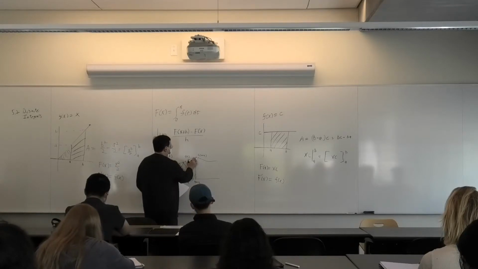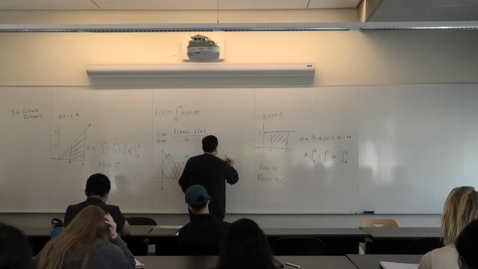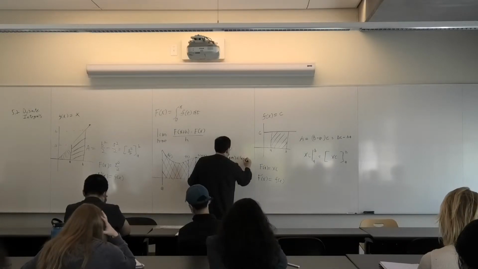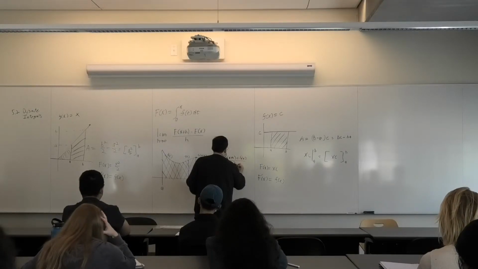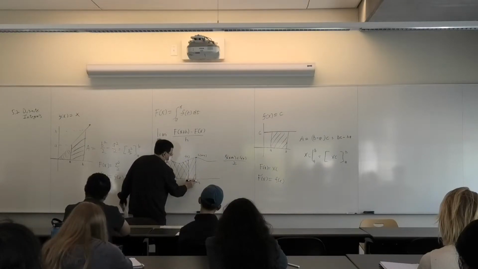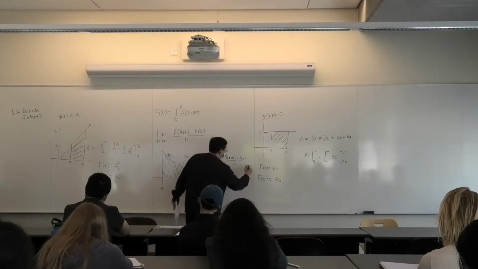Well, it's approximated by f of x plus h plus f of x over 2 times the width here of this rectangle, which is h.